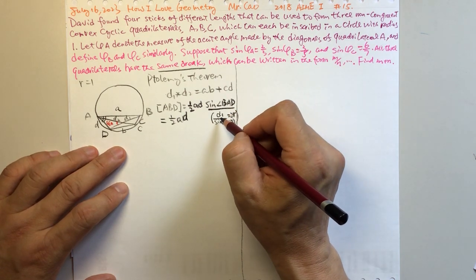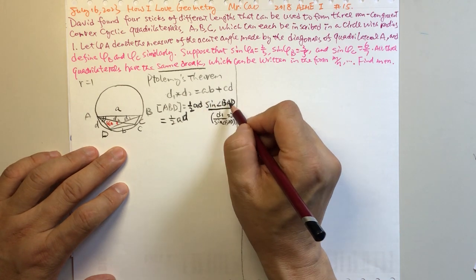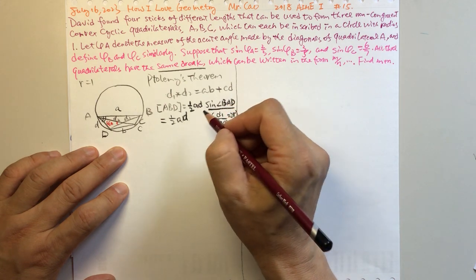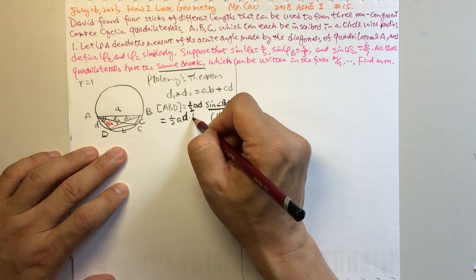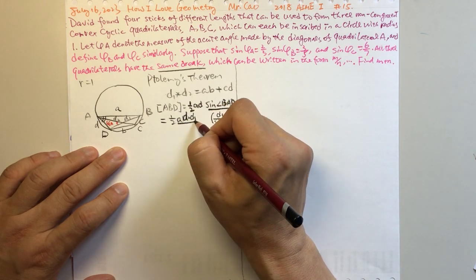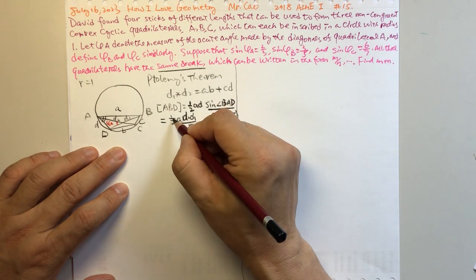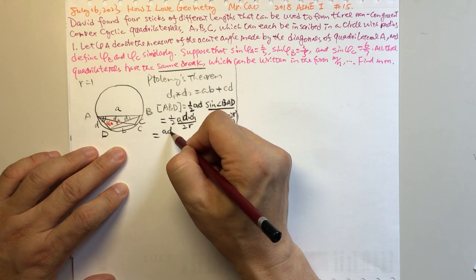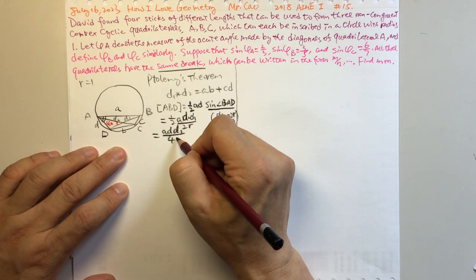So now we can use this D1 over 2R to substitute for this sine of angle BAD. So it times AD times D1 over 2R, right? That's 1/2 times this. So it will be AD D1 over 4R.